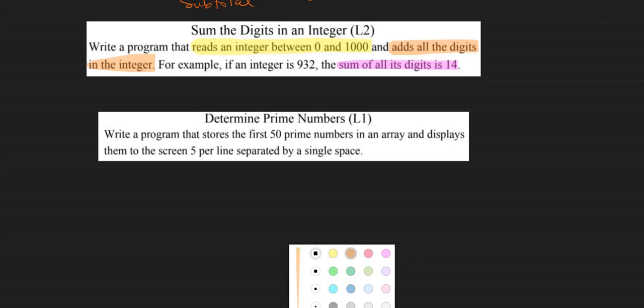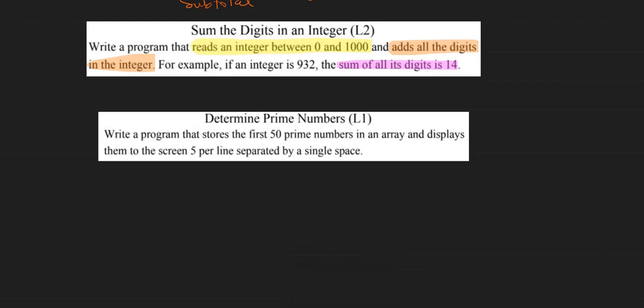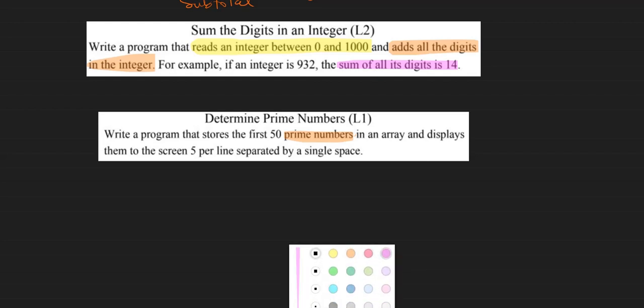However, there is a process, and the process is to determine prime numbers. So you just keep going until you identify prime numbers. This is what your process should entail, looking for your prime numbers. Once you find your prime numbers, then you're going to display them 5 per line.